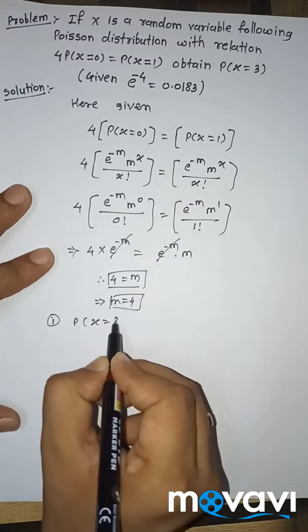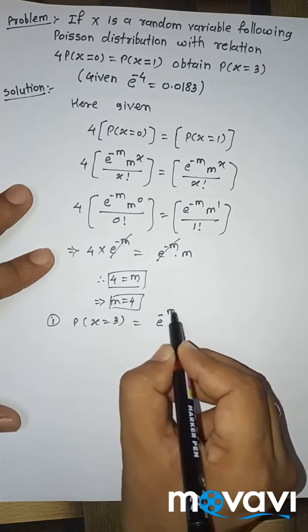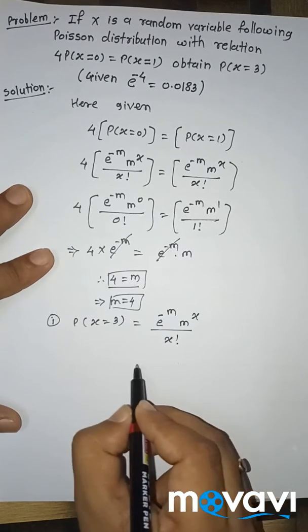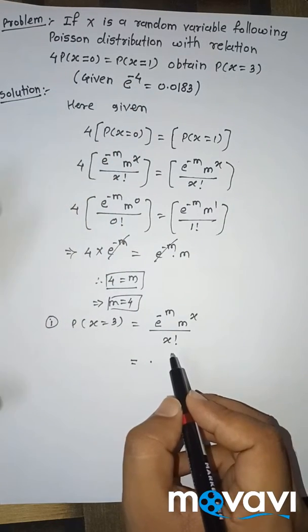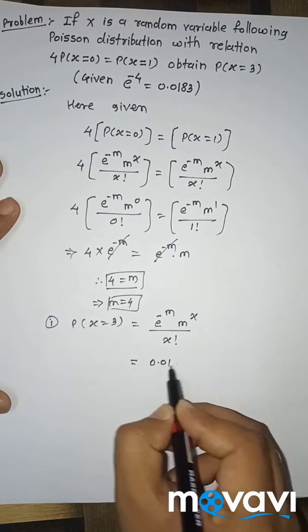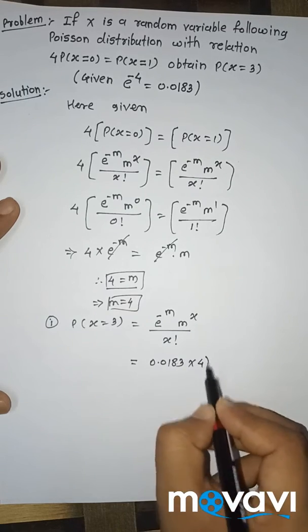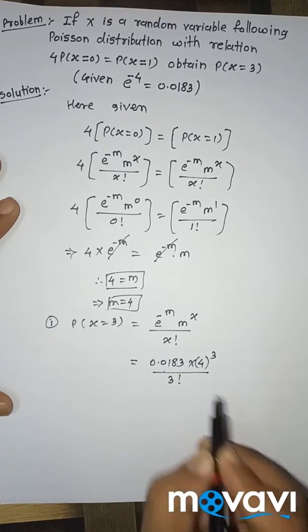Probability of X equal to 3 is equal to our formula e raised to minus m, m raised to x upon x factorial. E raised to minus m is given 0.0183, into m is 4 raised to x is given 3, upon 3 factorial.